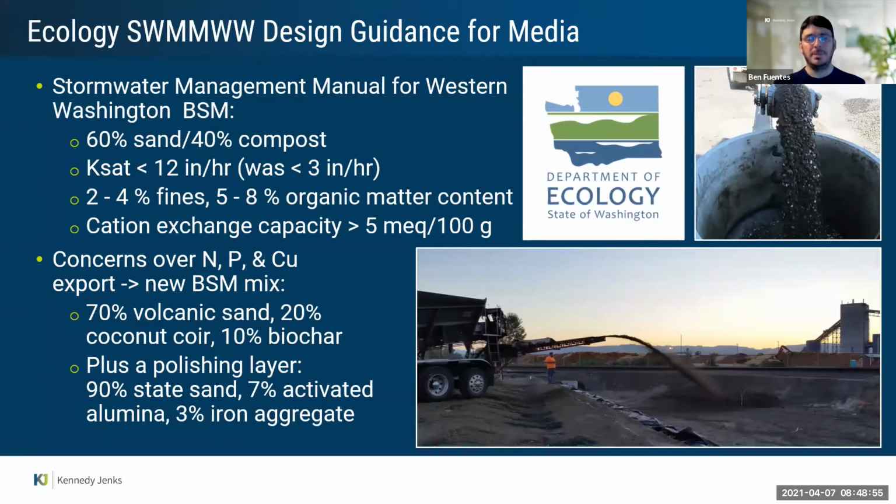It's still largely going to be a sand-based mixture, but looking at other alternatives to compost, like coconut coir, or including some polishing layers, like biochar or activated alumina. So plenty of guidance is in place, but it's evolving every year as we learn more about how we can more effectively treat runoff.